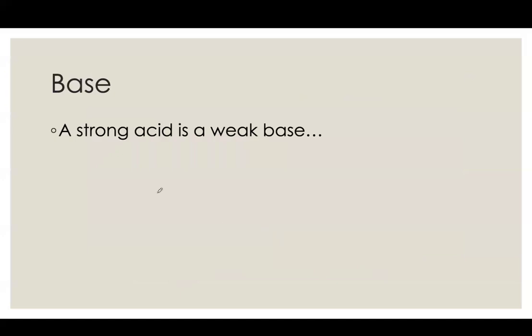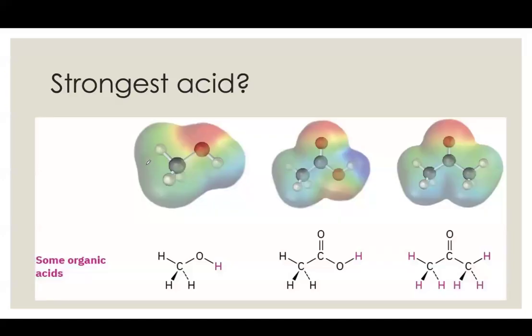When we consider bases, a strong acid is a weak base. So the way I think about this, I just look at how acidic everything is. And if the question asks for which one is the strongest base, the weakest acid is going to be your strongest base, and the strongest acid is going to be your weakest base. In an example, if the question asks which one is the strongest acid, you can look at those structures, look at those hydrogens. It seems like this hydrogen is next to very electronegative groups with two oxygens, versus this only has one, and those are really carbons.